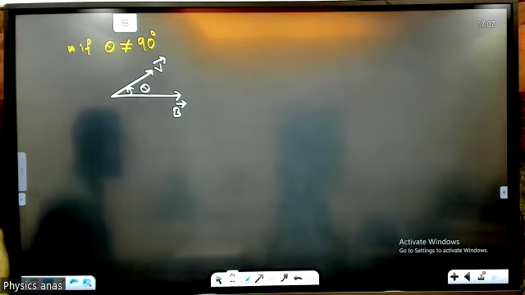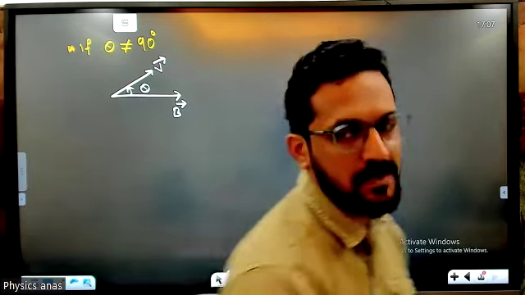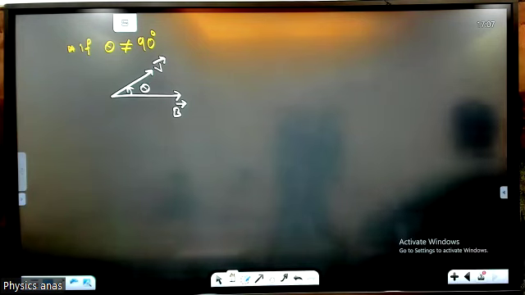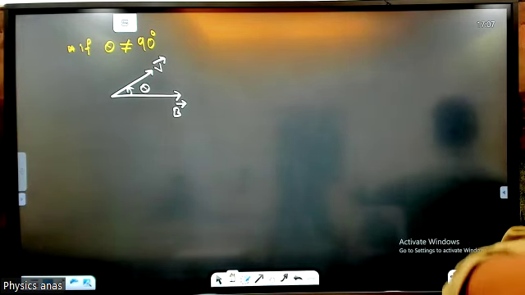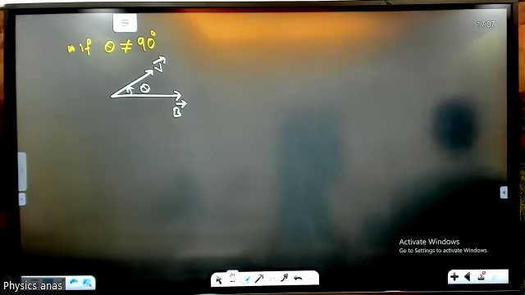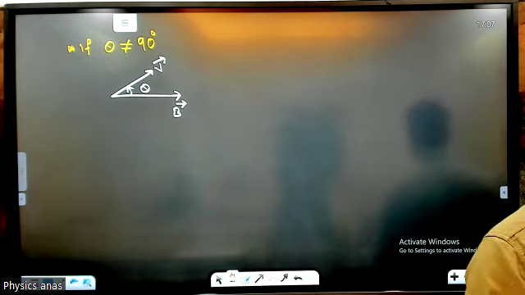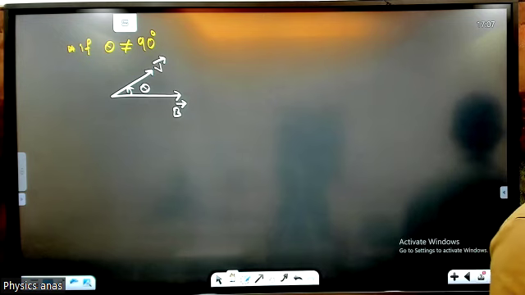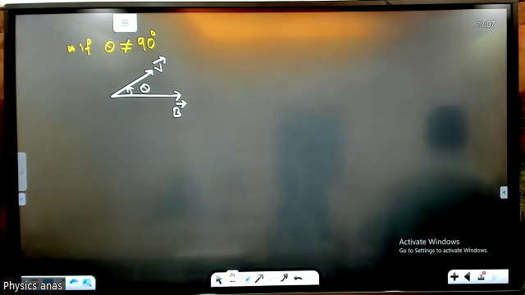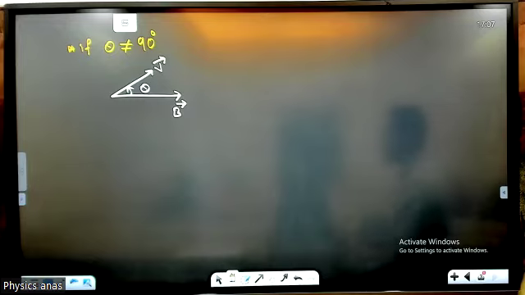What will be the direction of the resultant vector? We have studied vectors, right? What is the direction of the resultant vector? No, not triangle. There is a right hand screw rule for that. Do you remember the right hand screw rule in 11th?